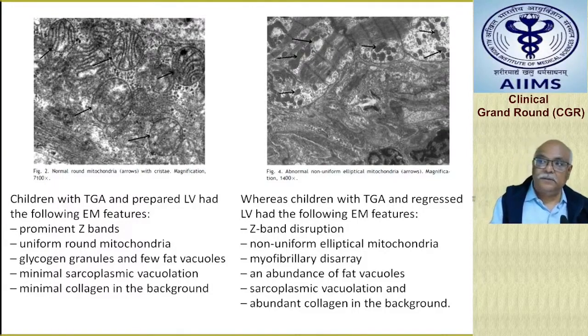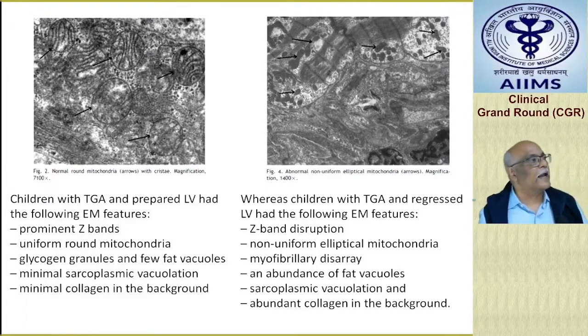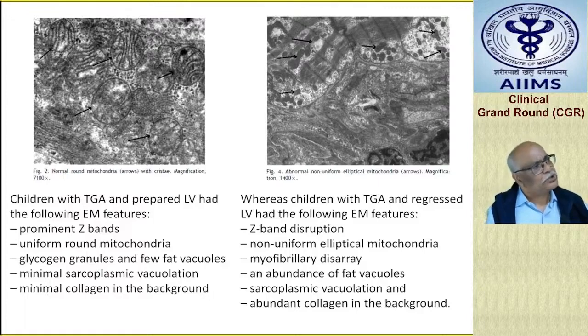Then in the preserved ventricle, there are few fat vacuoles and there are glycogen granules. This is an important finding. The entire fetus from the start, from the tube state, depends mostly on glucose and lactate for metabolism.